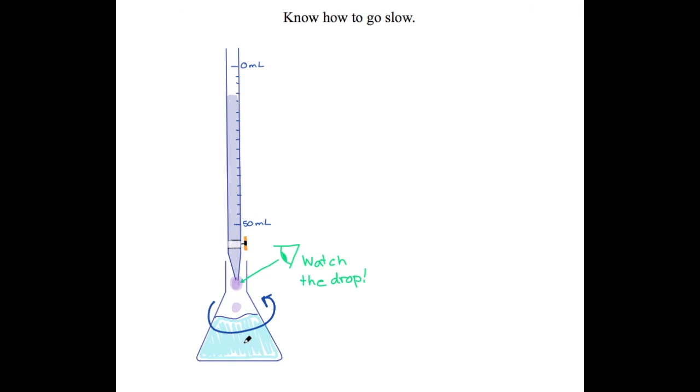If you do this right, 1 drop of solution should fall out of the burette and into your solution maybe every 10 seconds or so. That's definitely enough time for you to swirl the flask, decide if your reaction is finished or not, and then either decide to leave the stopcock open for another drop or turn it off and record the final volume on your burette. So I hope these tips will help you in your titration.